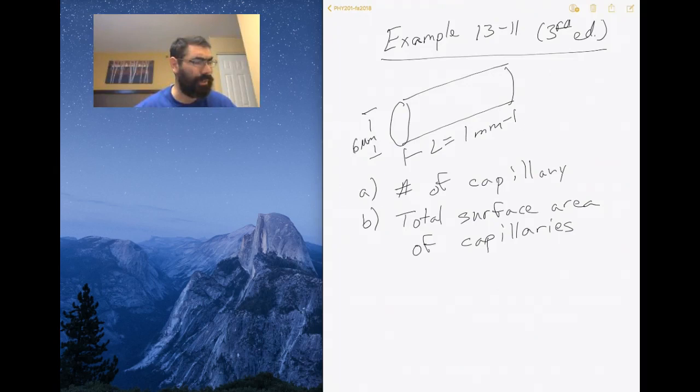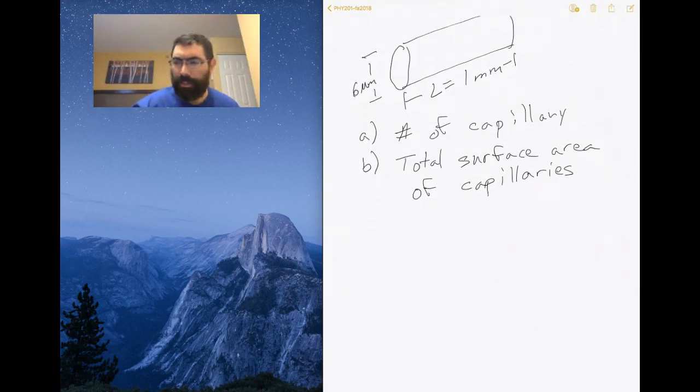The other information that we have is that the total flow rate, basically the change in the volume with respect to time of the blood through all of the capillaries, is 5 liters per minute. Now we'd like to use our meters, kilograms, seconds units, not liters. So we have to change the volume from liters into meters cubed.